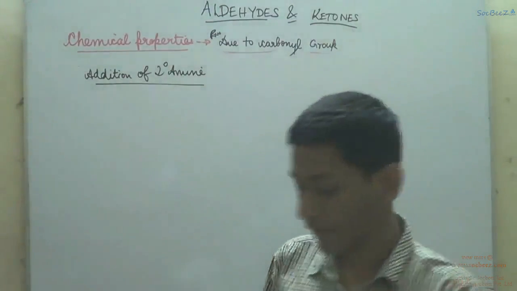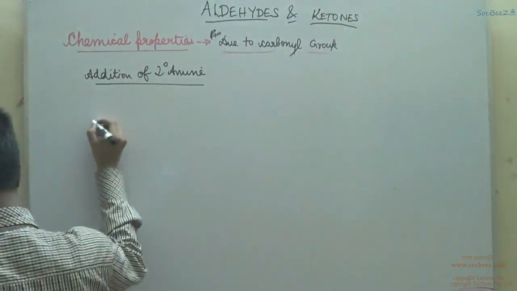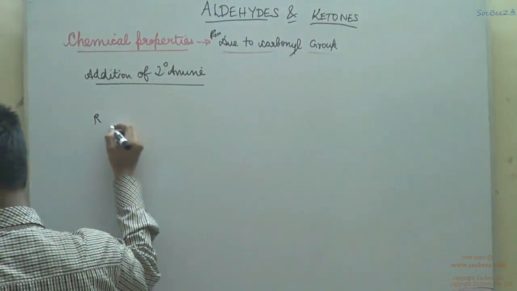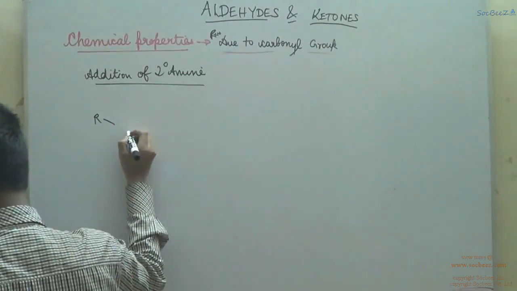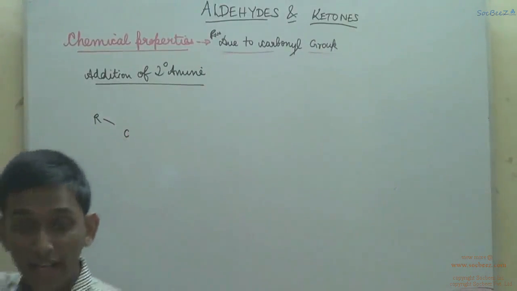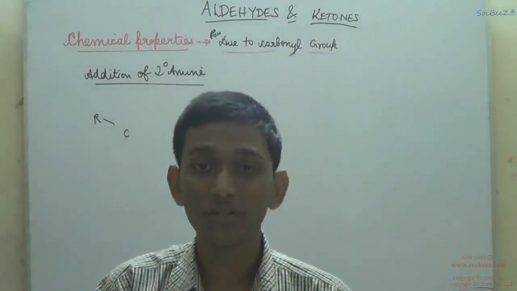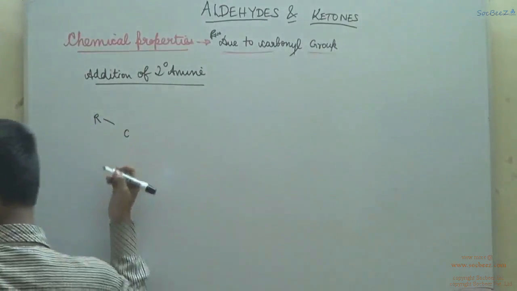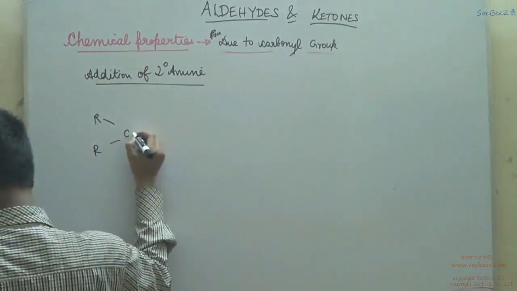Next is addition of secondary amines. I am not going into much detail. So here, an aldehyde or ketone with at least one alpha hydrogen produces an enamine. So what's an enamine? Let's take an example.